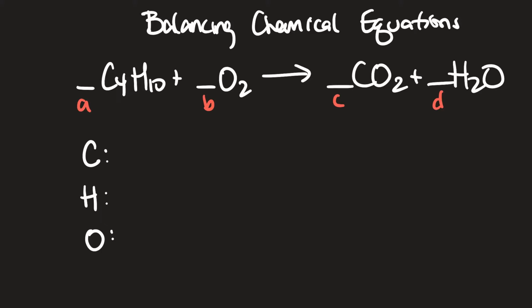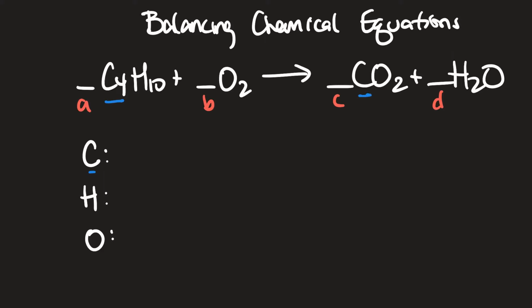So what do I mean by that? First, let's look at carbon. Carbon is found in 2 spots, and you should always find the element on both the reactant and the product side, obviously. There's carbon here, and there's carbon here.